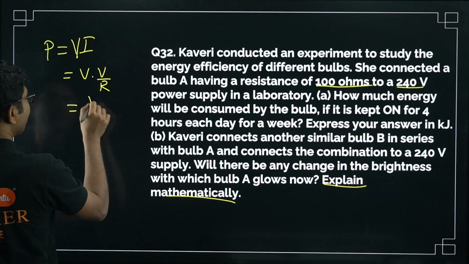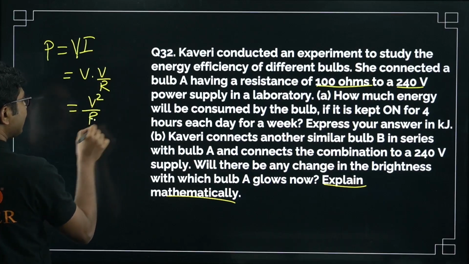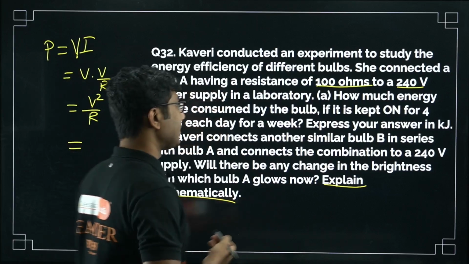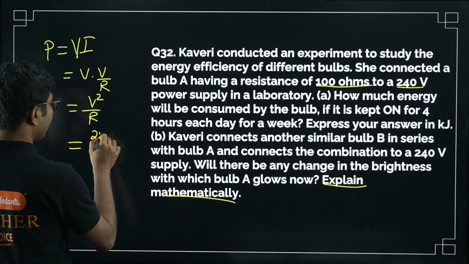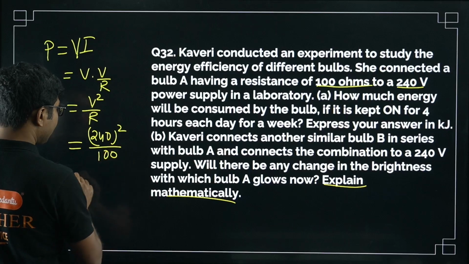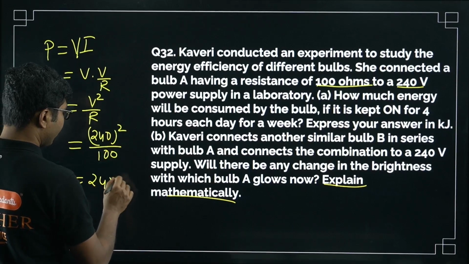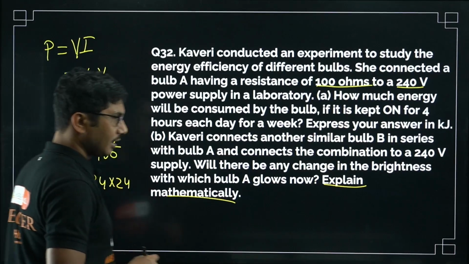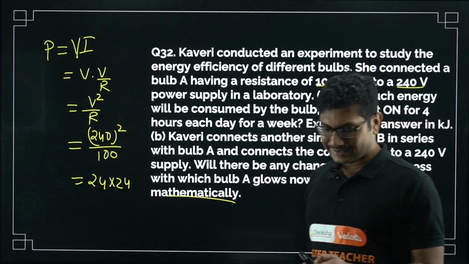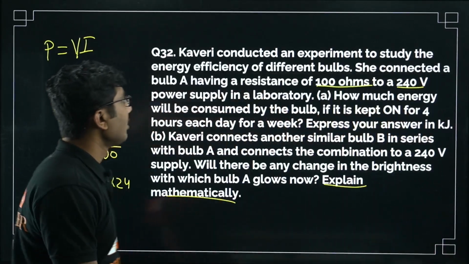So it will be V square by R. So any bulb is given with the power rating, you can calculate the power consumed by it. So 240 volt whole square divided by 100. Okay, so it will be 24 into 24, whatever it is. We'll see, 596 I think. So what is the answer?